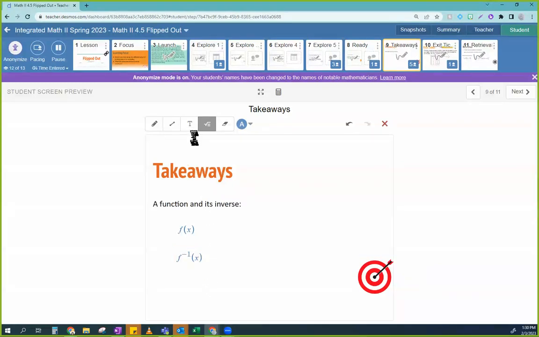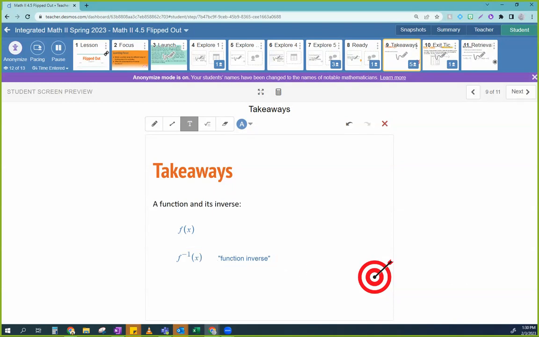So this is how I want you to say it. Say it with me now. Function inverse. So please don't say f of negative 1 for this one.